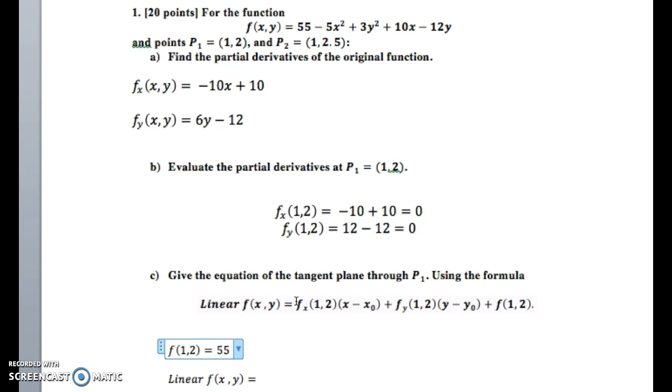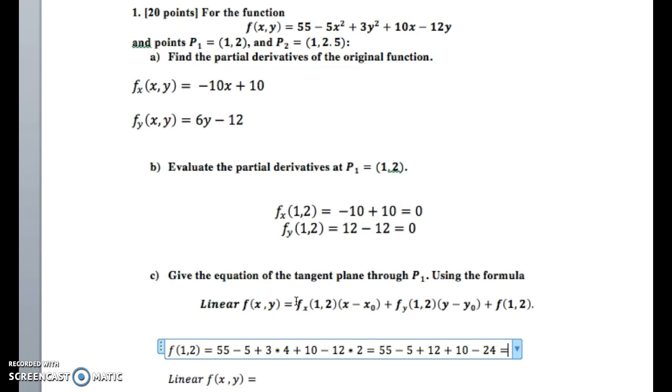And so we're going to get 55 minus 5 times 1 squared, so that's just minus 5, plus 3 times 4, plus 10 minus 12 times 2, which is equal to 55 minus 5 plus 12 plus 10 minus 24, which is equal to 22 minus 24 minus 7, that's 48.